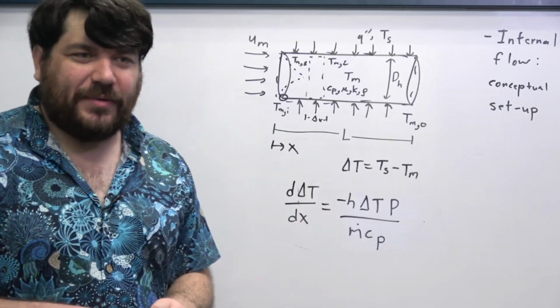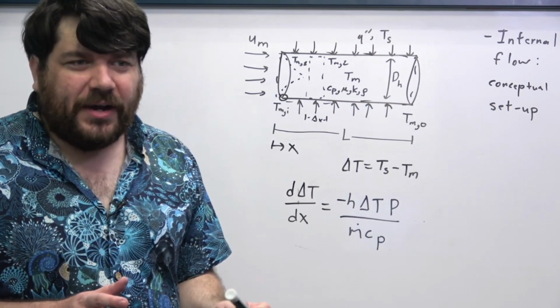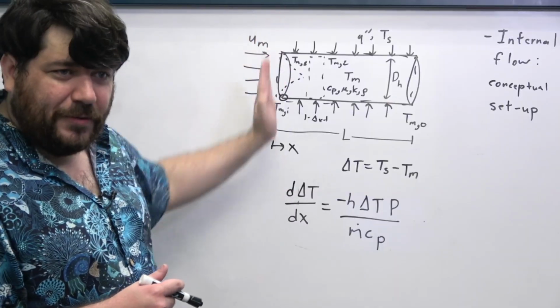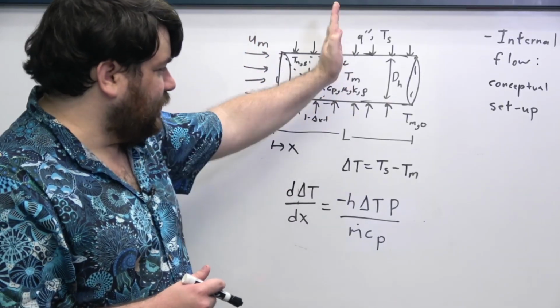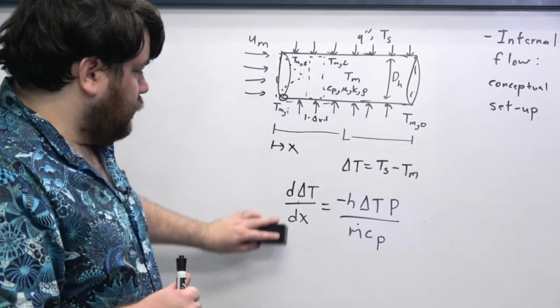And so if we integrate this, if we try to find an expression for this, what do we wind up getting? Let's consider that we're going from the inlet all the way up to some specific location x down in the middle.